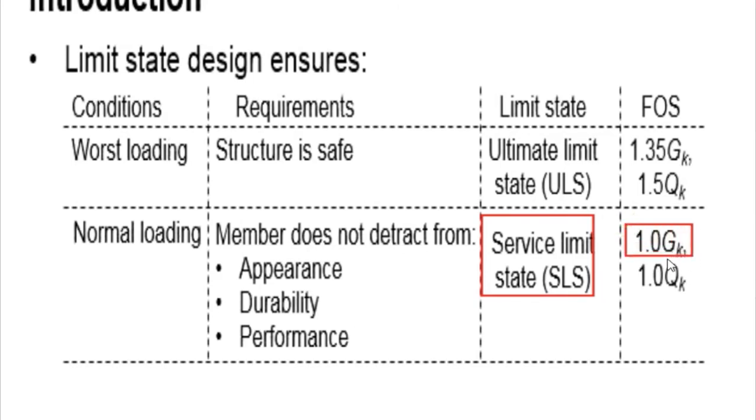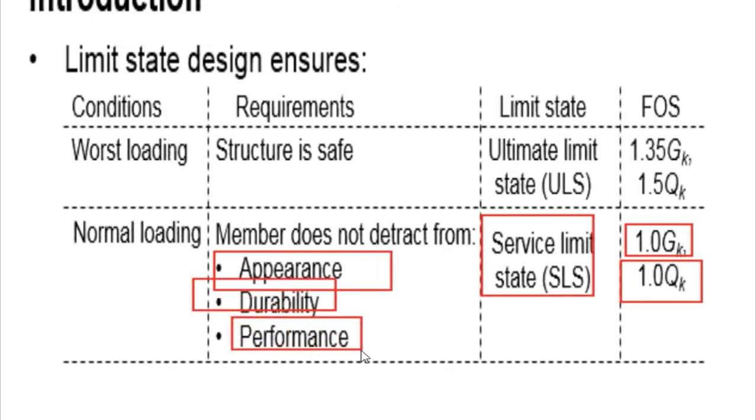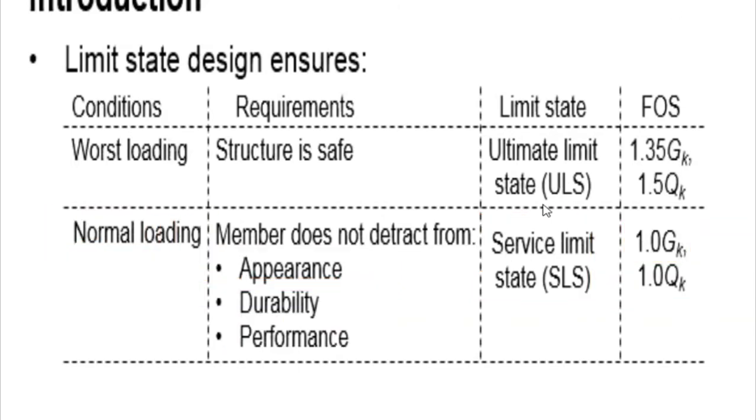So this is 1 times Gk plus 1 times Qk. And the requirement is that the appearance, durability, and performance of the structure should not be impaired. This is called normal loading, and this normal loading considers the serviceability limit state.